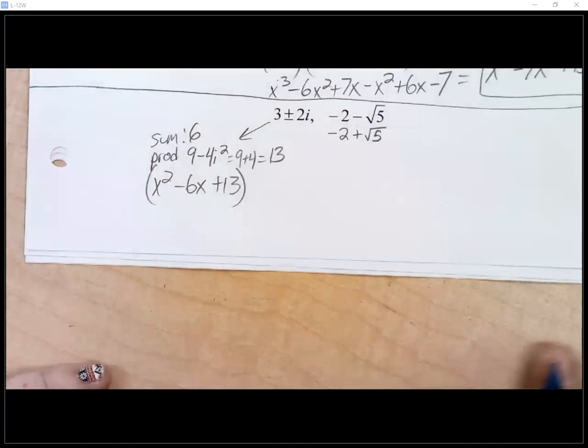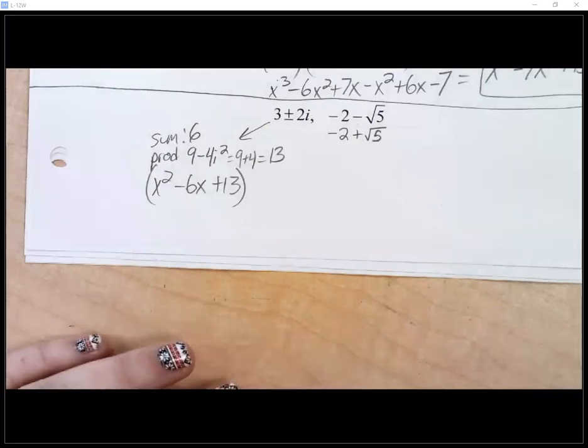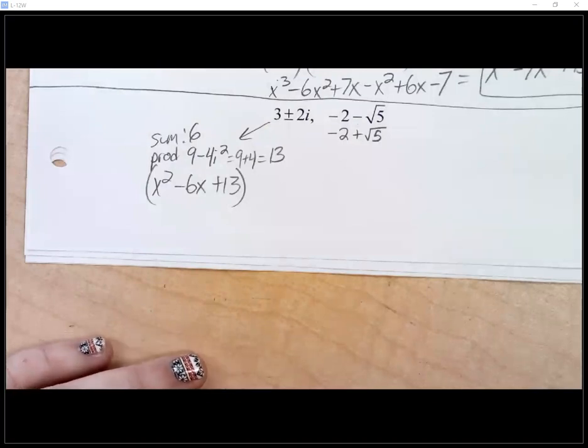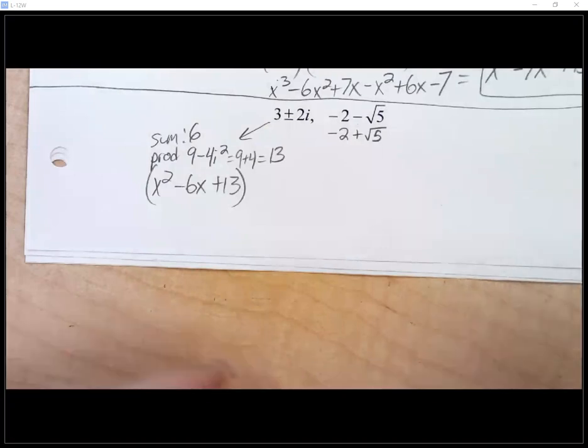Thoughts? You guys are so quiet, I feel like. Does this make sense so far? That's okay? All right, and then I'm gonna do the exact same thing with my irrational numbers. And I'm gonna get the quadratic that they came from.